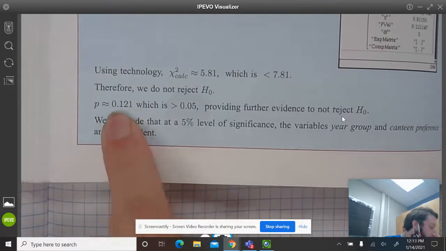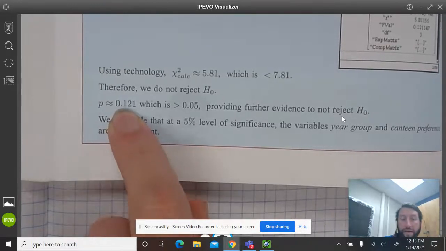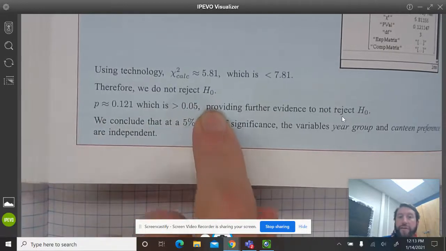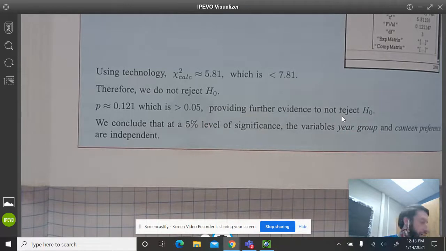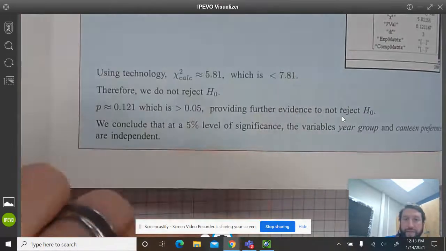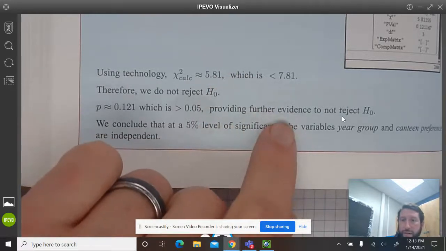It also gives you the p-value. So when you do the calculator, it will give you a p-value. And notice your p-value here is greater than 0.05. So that provides further evidence to not reject H null. Ideally, you should not have an inconsistency here. So if this tells you not to reject H null, this should also tell you not to reject H null.